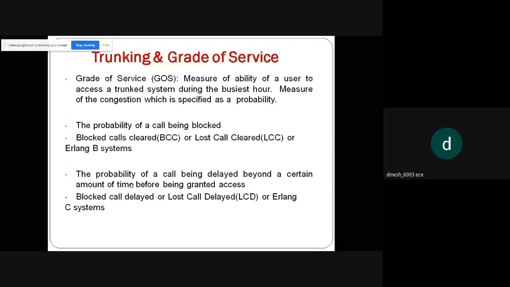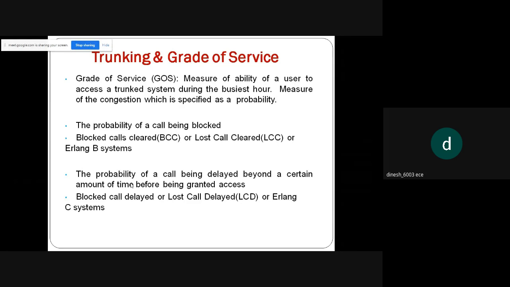The probability of a call being delayed beyond a certain amount of time before granting access is called Erlang C systems, where we get blocked calls delayed or lost calls delayed. So there are two types of grade of service.